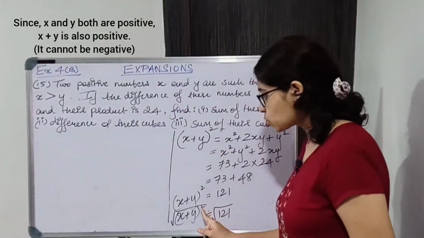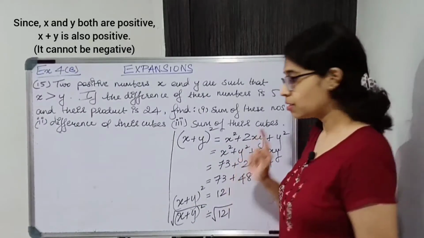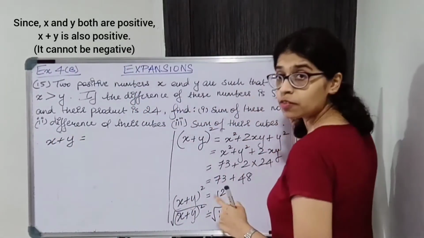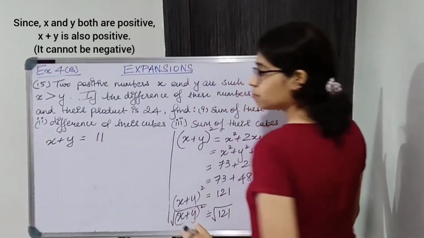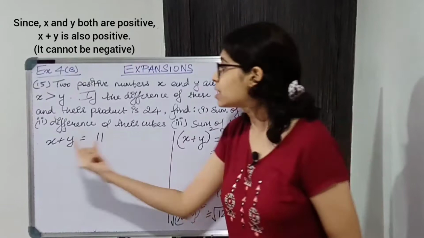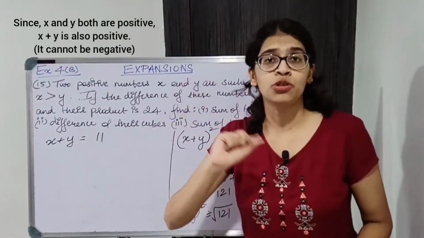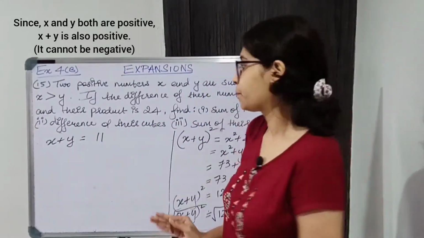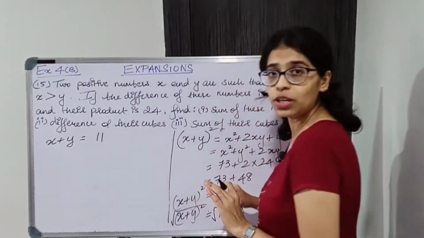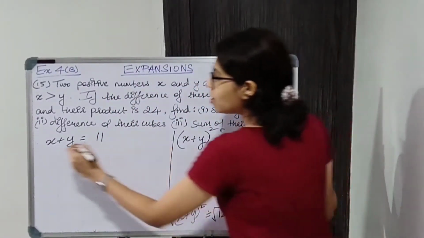Square root of 121 is 11, only plus 11, not minus 11. Why? Because x and y both are positive numbers. Okay, now x plus y is equal to 11, we got the first part, so box the answer.